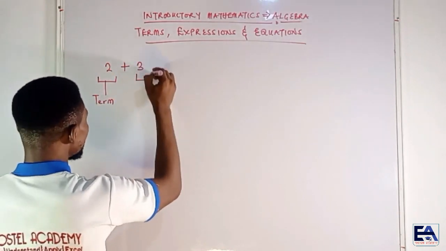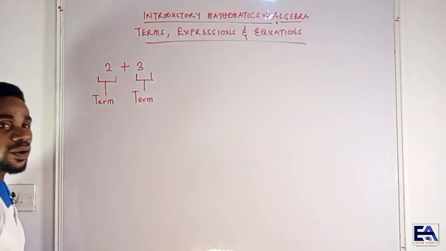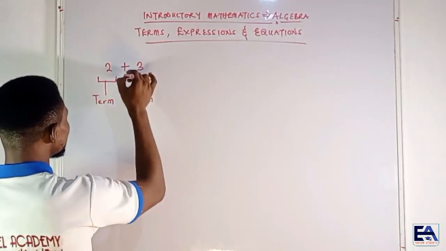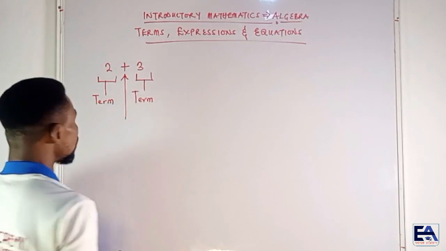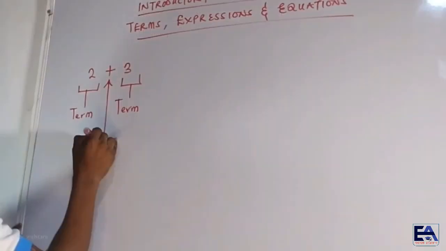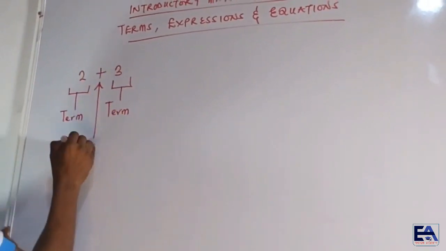This 3 on its own is also a term, all right? Now, the plus sign that you have in between 2 and 3, this is the symbol, or you can call it the operator, better called operator.